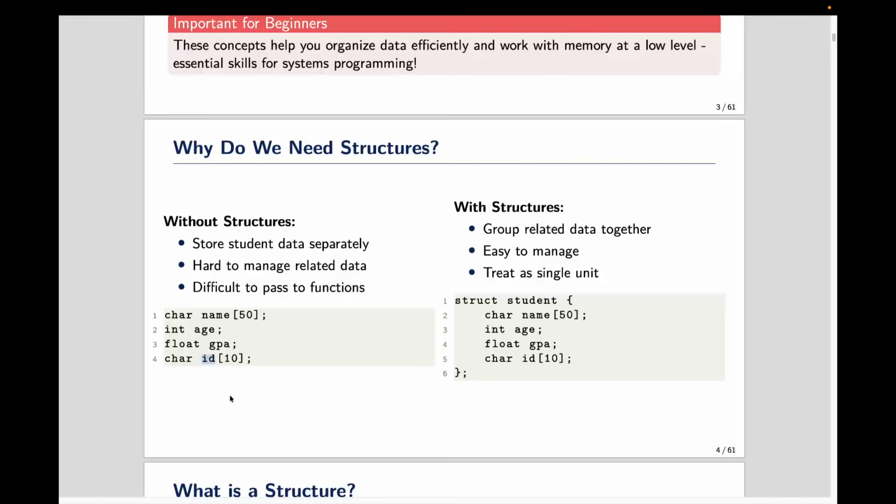Now, this is without structures. If I want to do it with structures, I am going to group related data together. The word is struct, short for structure: struct student, bracket open, and inside the curly brackets I name the same things: char name, int age, float GPA, char ID[10].